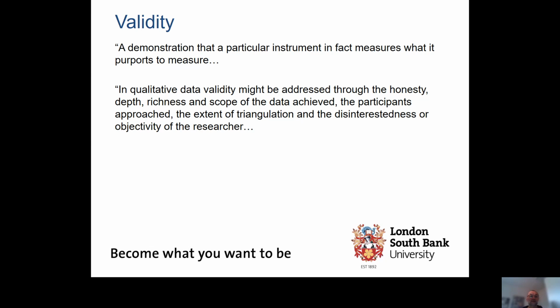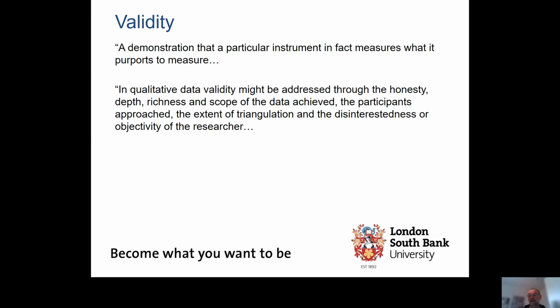In qualitative data, validity might be addressed through the honesty, depth, richness, and scope of the data achieved, the participants approached, the extent of triangulation. So triangulation is when you are using more than one source to build your data, and the disinterestedness or objectivity of the researcher. If you are disinterested, that doesn't mean that you are uninterested or not interested.